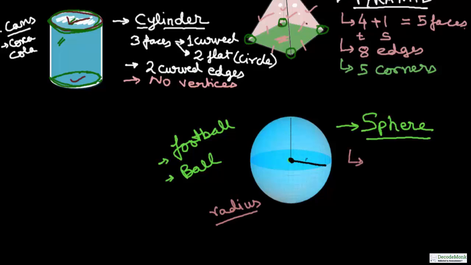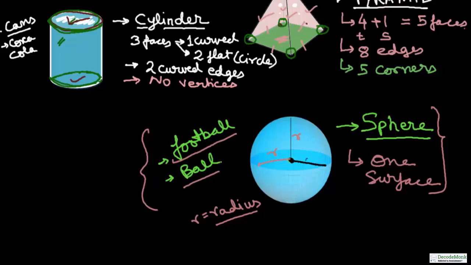This sphere has got only one surface, which is equidistant. The surface anywhere is equidistant from the center of the sphere, and that distance is called the radius. Do not worry, you just need to know that a perfectly symmetrical football-like structure is called a sphere. Okay, that's it. Please practice.